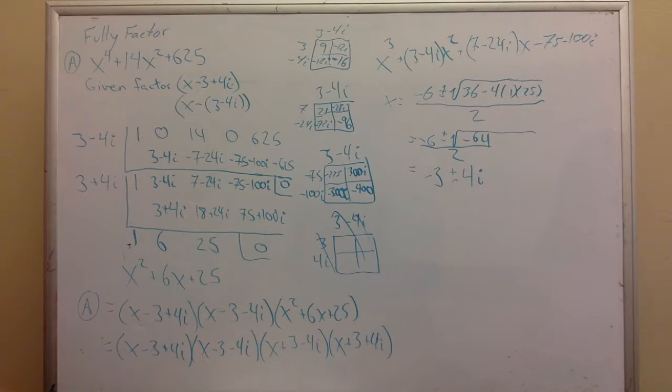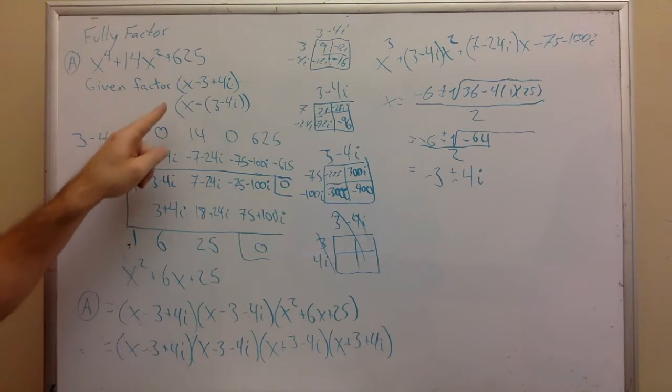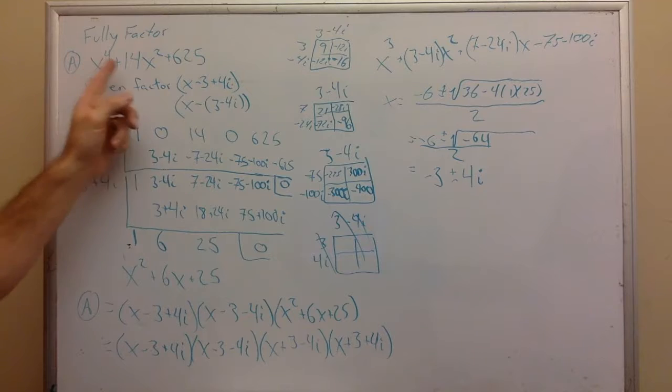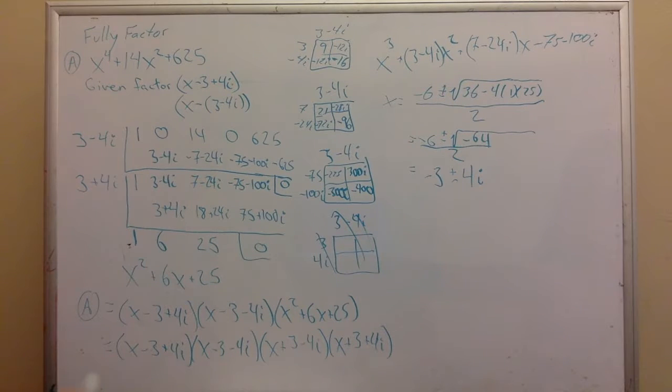The next method is, instead of doing this piece by piece, because I know that one of my factors is complex and I have real coefficients here, I could start out by putting these two pieces together, which would be the same as saying multiplying these two things.